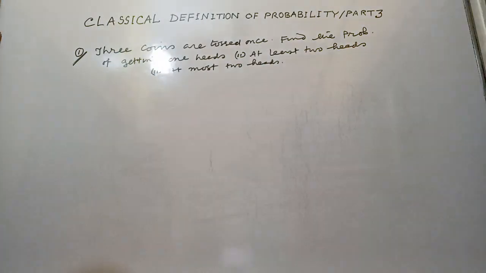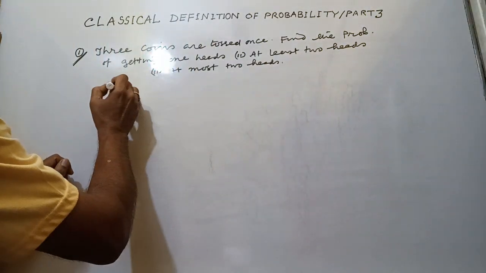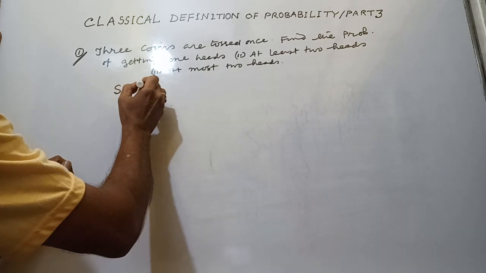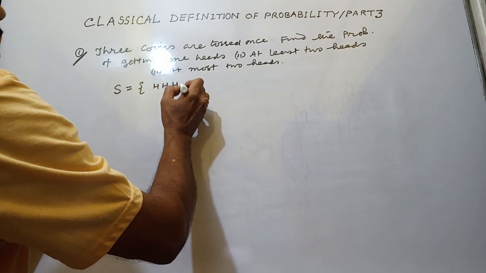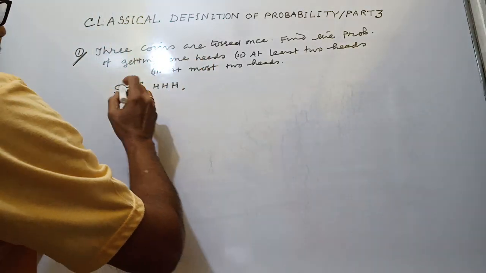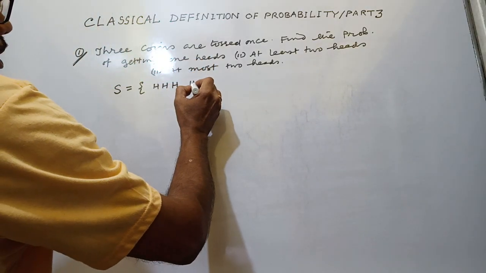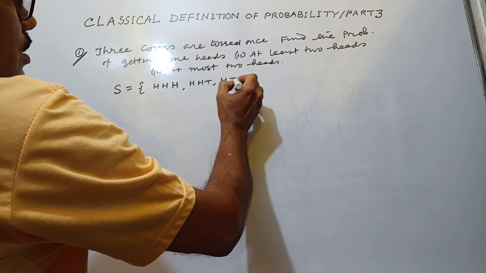So first you have to find the sample space. 3 coins are thrown. I have already discussed it. So it is 2 to the power 3, that is 8 cases: 3 heads, 2 heads.